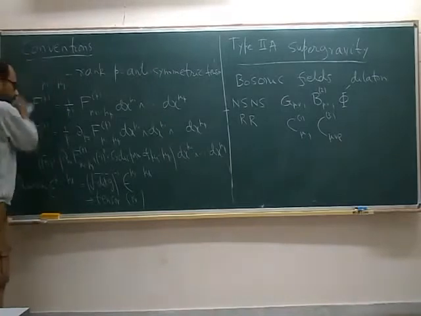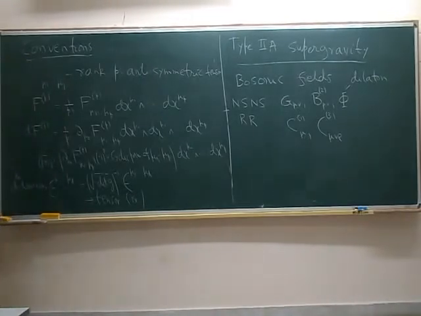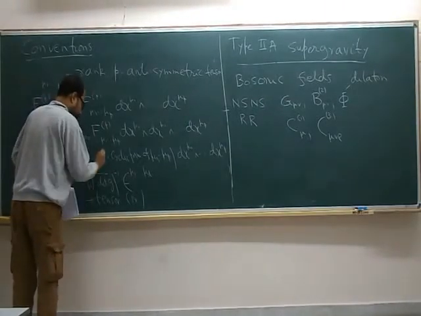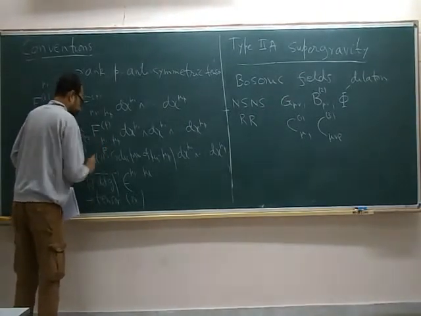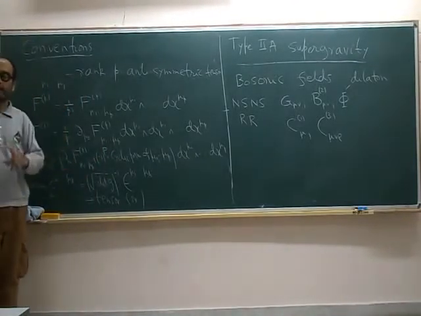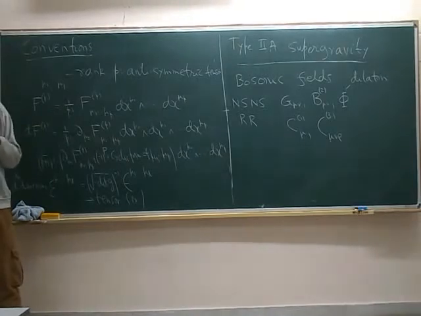A small point: this minus 1 to the P, that P has nothing to do with the p-form. This is capital P, the permutation. So in 3 dimensions, if it's a 3 index object, then cyclic permutation doesn't cost any sign. 1, 2, 3, 2, 3, 1 and 3, 1, 2 always involve 2 permutations to go from one to the other.